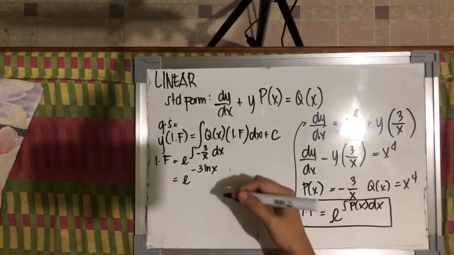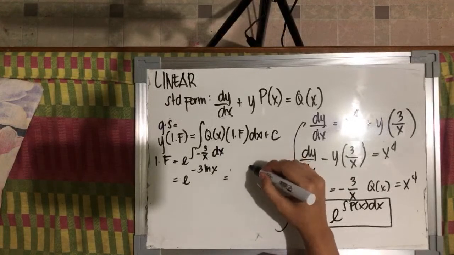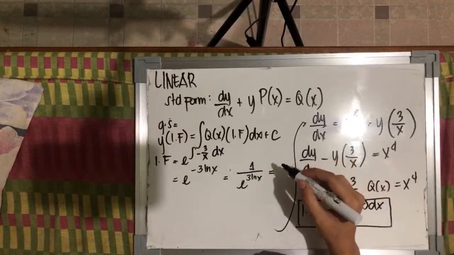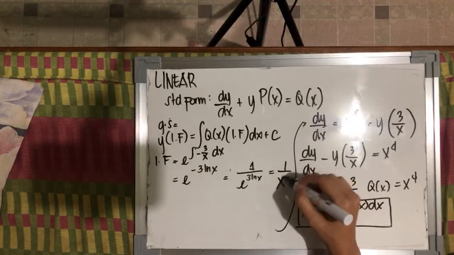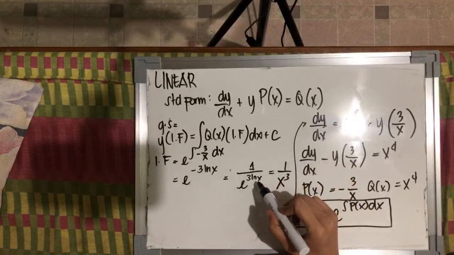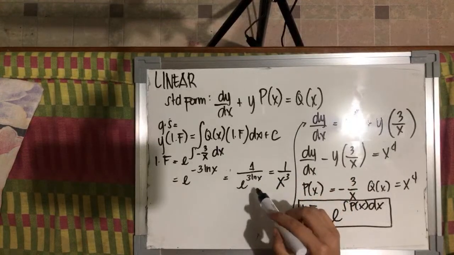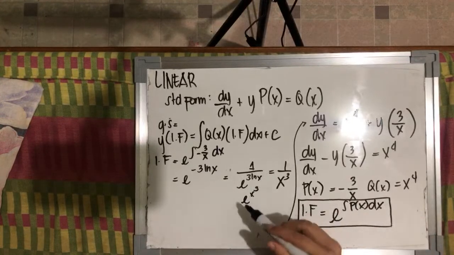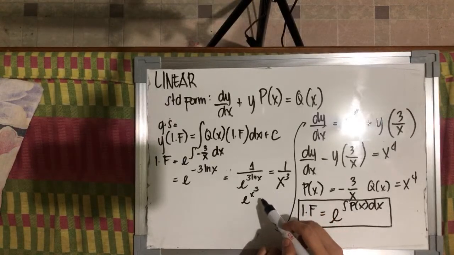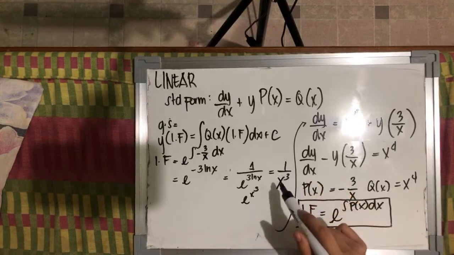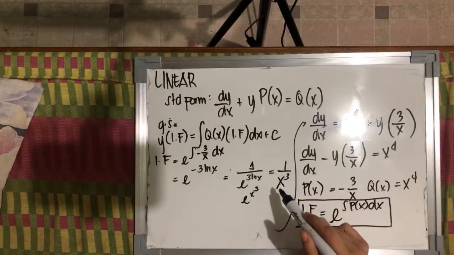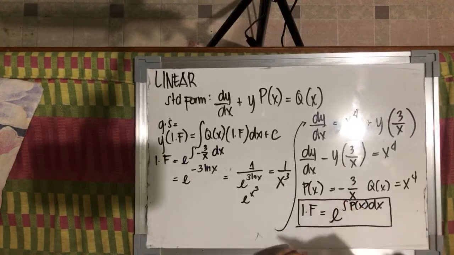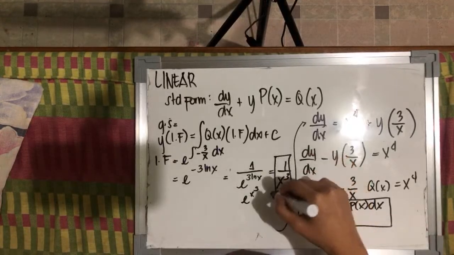I can simplify this as 1 over e raised to 3 ln of x, and it becomes 1 over x cubed. It's important that you know the relationships of our logarithms. So, my integrating factor now is 1 over x cubed.